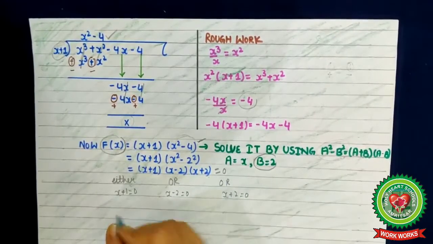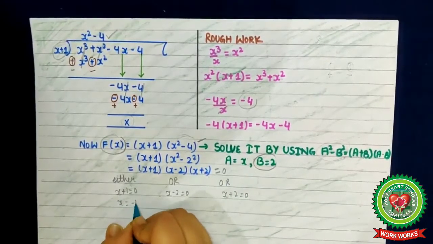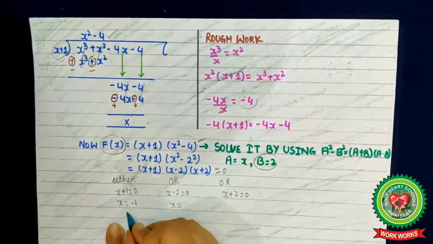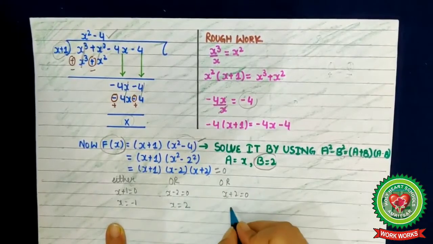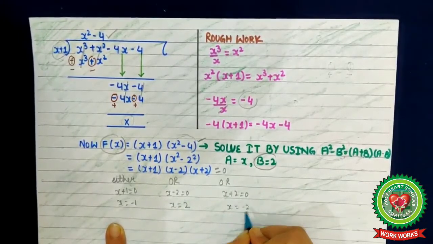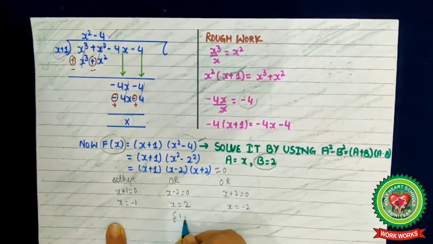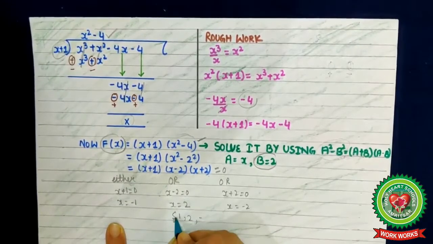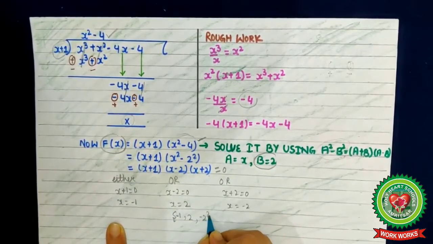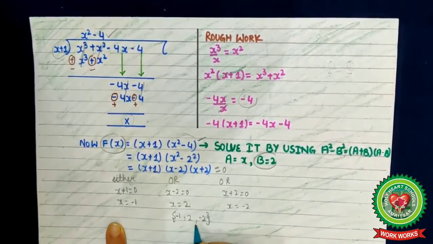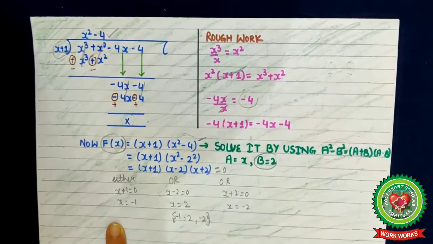So from here we will get 3 values of x, that is minus 1, plus 2 and minus 2. This will become the solution set. This is your answer if it is given that the polynomial is equal to 0.